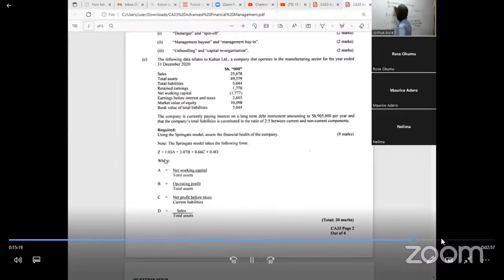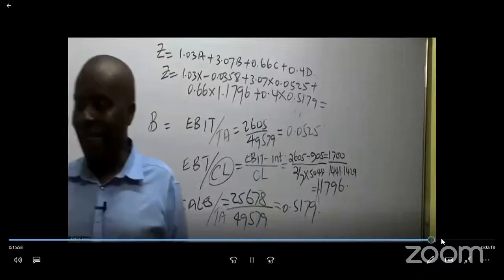Z will be 1.03 times negative 0.0358, plus 3.07 times B, which we already know is 0.0525, plus 0.66 times C, which is 1.1796, plus 0.4 times D, which is 0.5179. So at the end of the day, what figure are we getting here as our Springate?